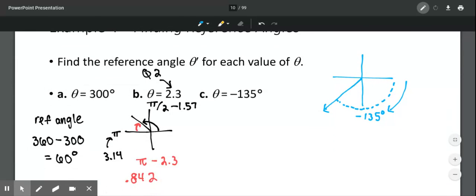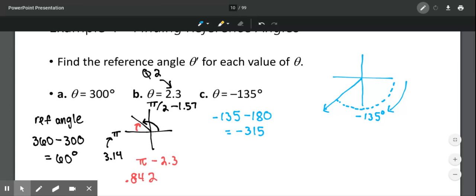So if we have negative 135 and we subtract 180, we're at negative 315.